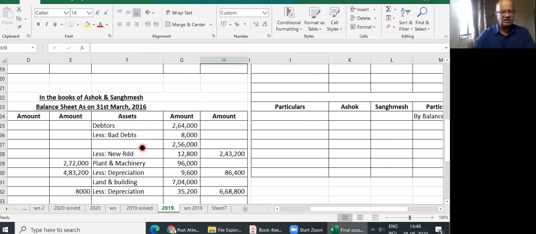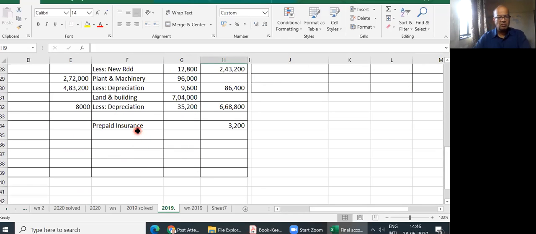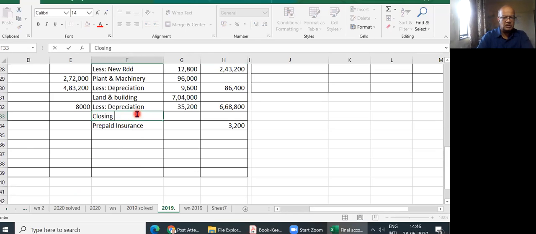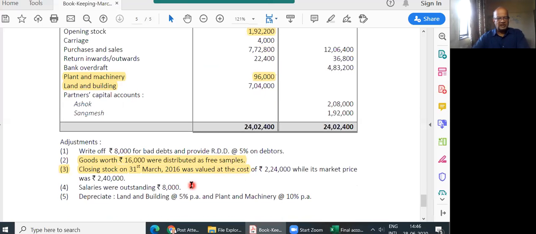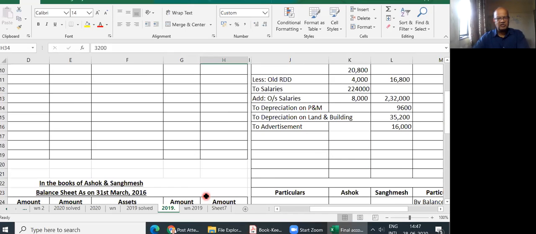Next in the balance sheet, closing stock 2,24,000. Then salary outstanding here, this also here. So we are done with all the adjustments.